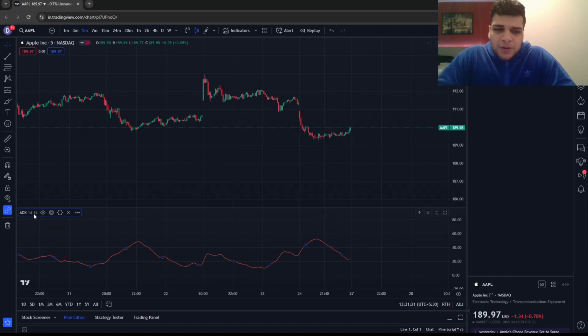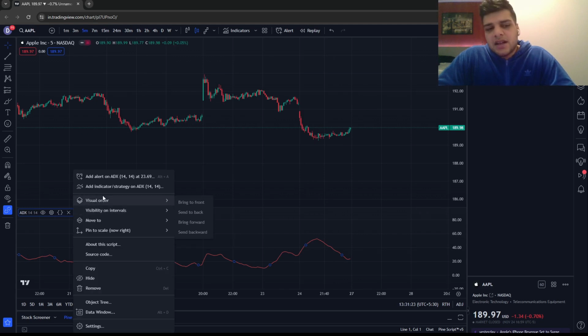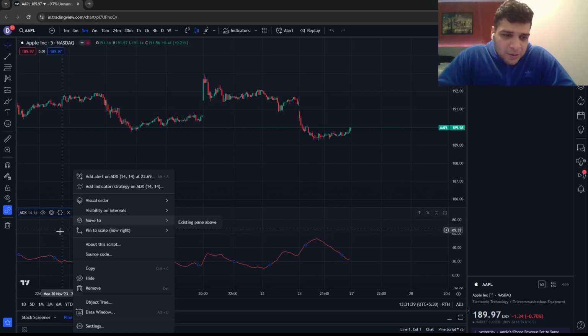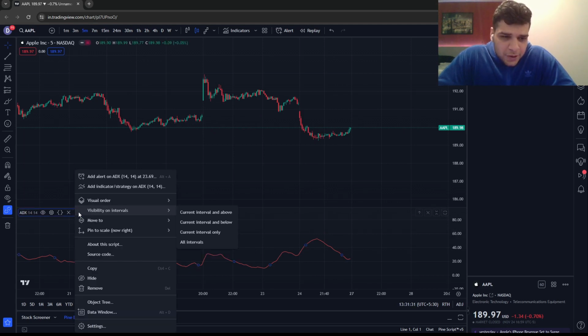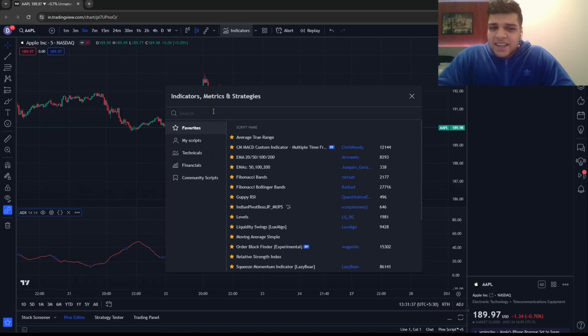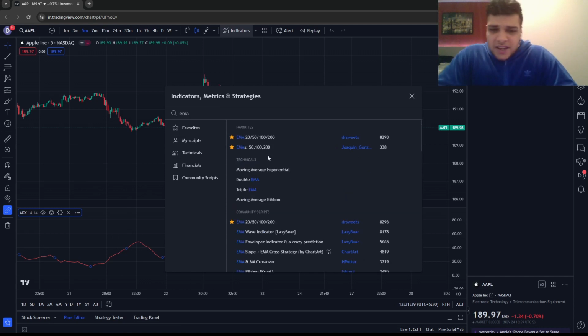But to get a clear signal from ADX on every stock you want, what you can do is click the three dots here next to ADX, and add an indicator on top of it. Just type EMA here, moving average exponential, this one.